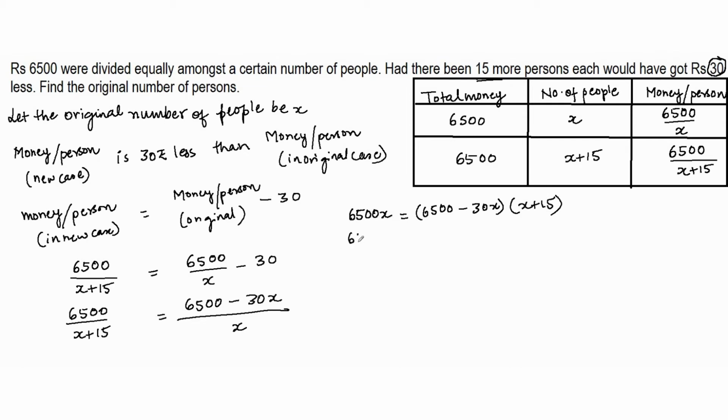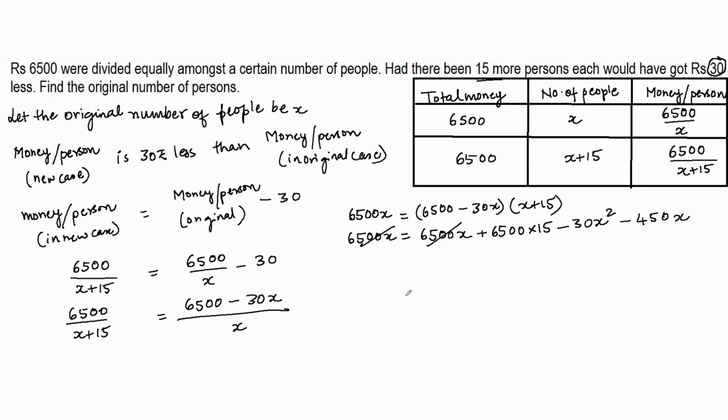So therefore this becomes 6500x is equal to 6500x plus 6500 into 15. Let us just leave this value as it is right now. Minus 30 into x is minus 30x square, and minus 30x into plus 15 is minus 450x.